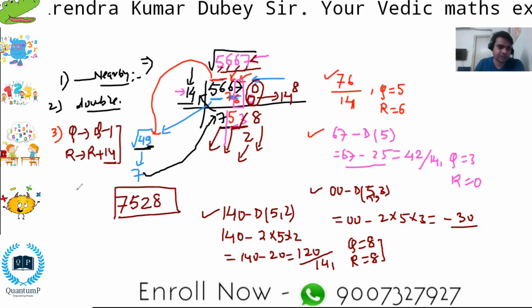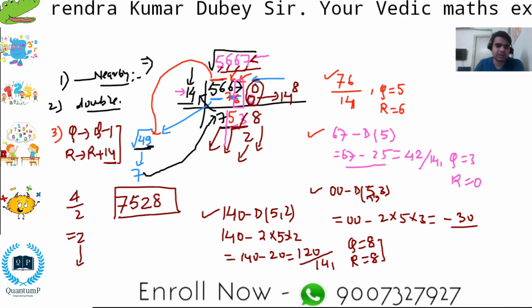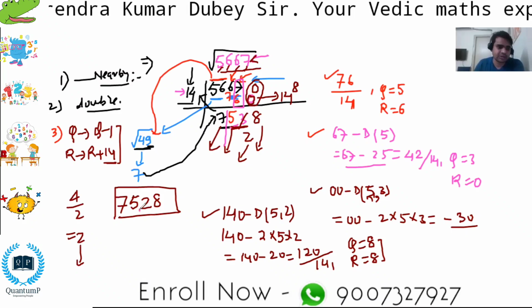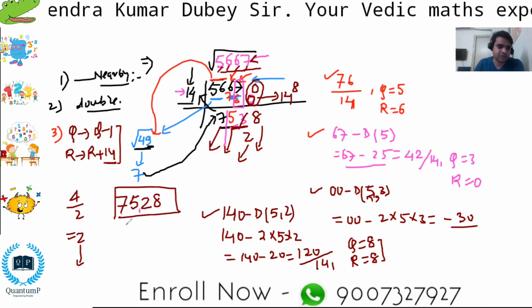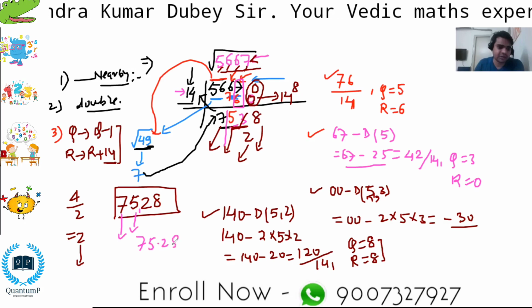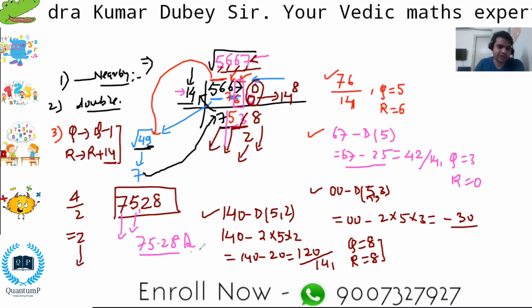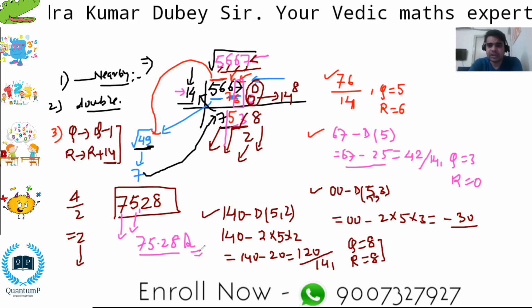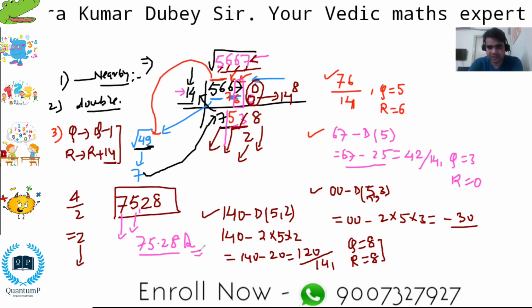If we have 4 digits, then 4 divided by 2 is 2. So after 2 digits we'll put the decimal, 1 2 from the beginning. So the answer is 75.28. Perfect answer, right? So this is how we do this duplex method.